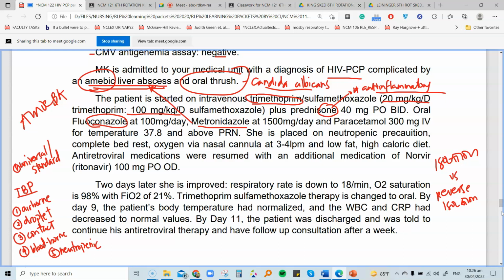But if you're handling a client who is immunocompromised, your reason for placing that patient in a lone room or in a separate room is that you would like to protect him from the rest of the population. Because everyone will be considered a vector of infection.